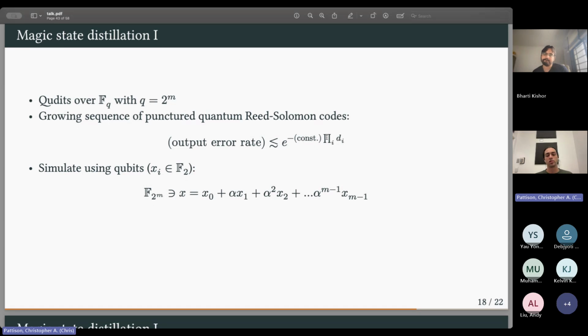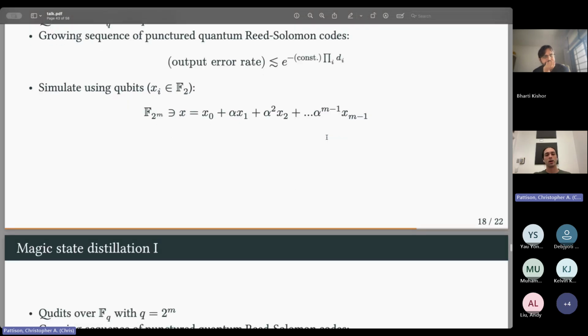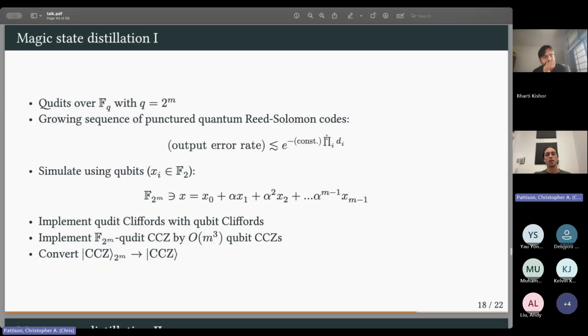Roughly the strategy is that, just like in the Yamasaki-Kawashi case, where we took growing quantum Hamming codes, we're going to take growing quantum Reed-Solomon codes with the qudit size growing as well. And because we only have qubits, we're going to simulate these qudits using qubits, and we can do this without too much trouble.